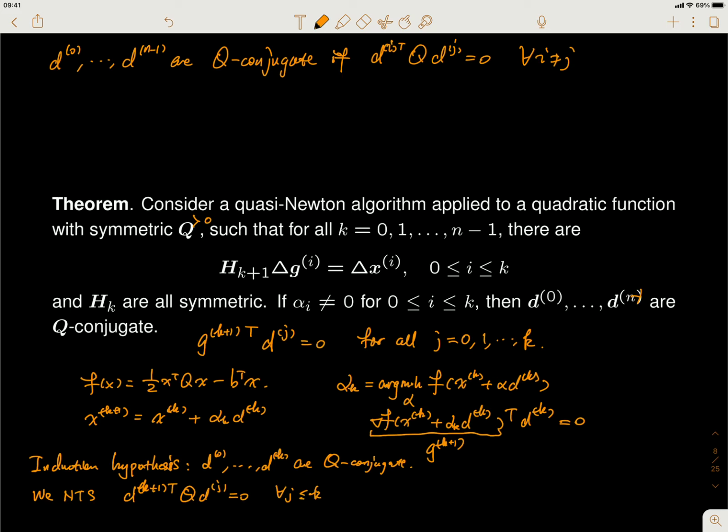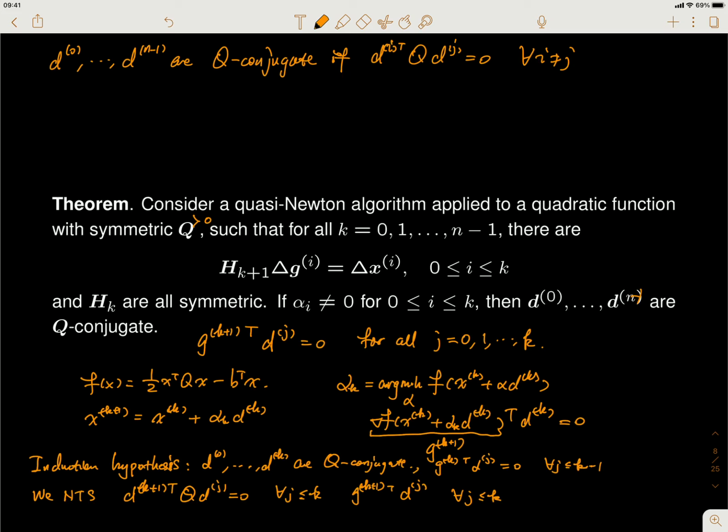And also from here, we can prove that g k plus 1 is perpendicular to dj for all j less than or equal to k. In the induction hypothesis, we can also assume that gk transpose dj is equal to 0 for all j less than or equal to k minus 1.